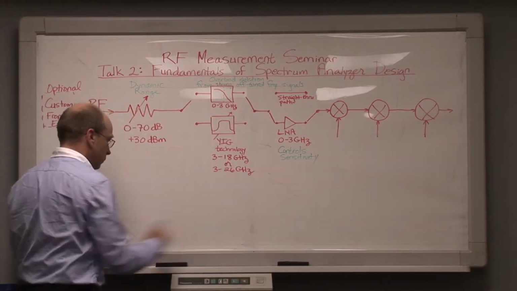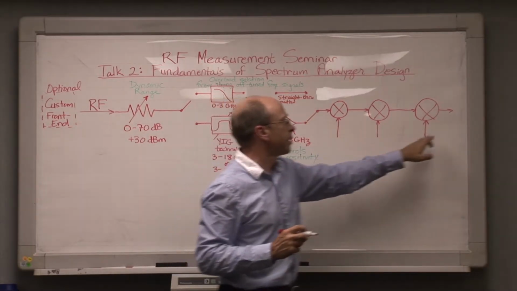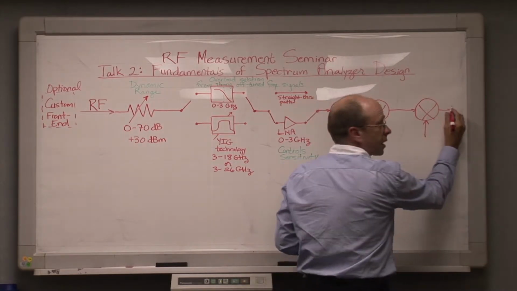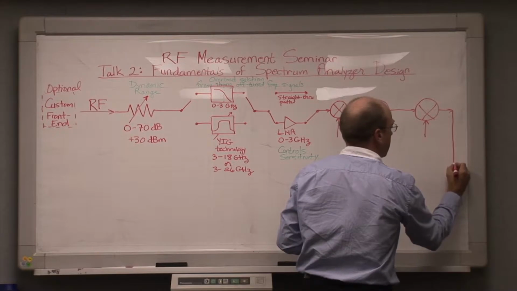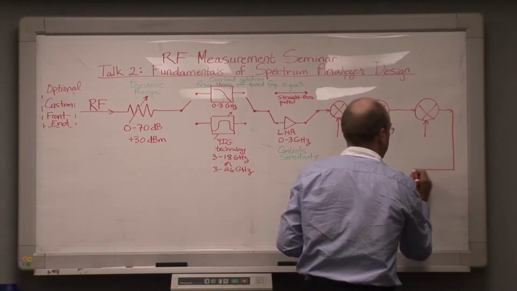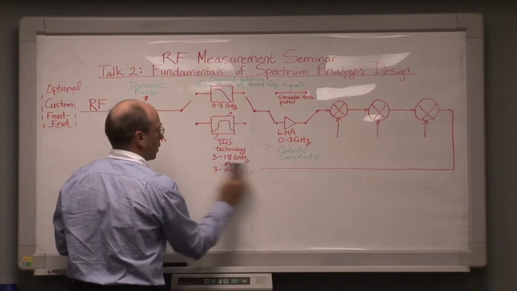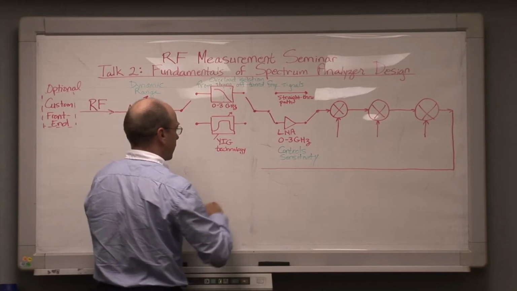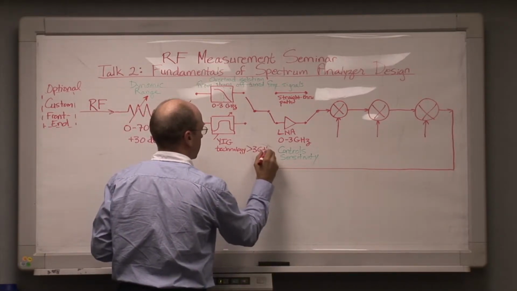Now, after we've gone through one or two or three stages of mixing, and how many stages you go through depends both on the design of the spectrum analyzer and also on how high your RF frequency is, we then will go ahead and rewrite this for greater than 3 gigahertz.